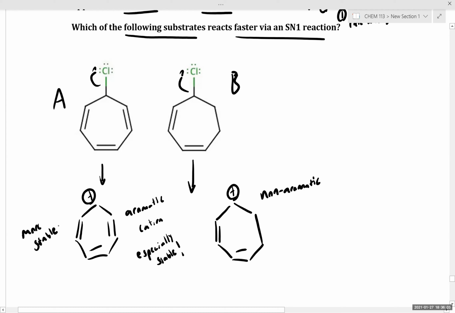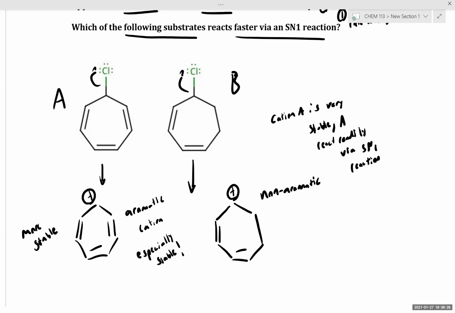As a result, because cation A is very stable, A will react readily via an SN1 reaction. Does that make sense to everyone? Does this idea make sense?